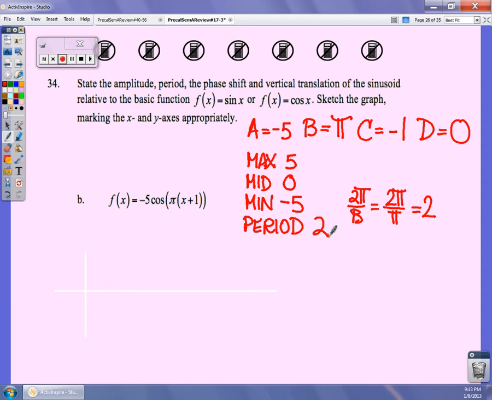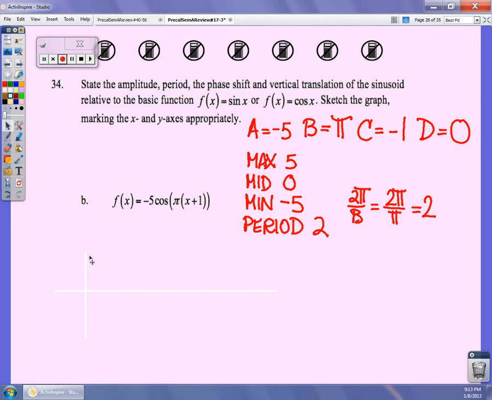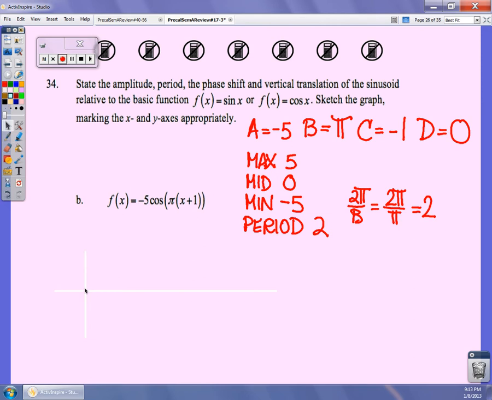Now, this is a cosine function. It's also negative, and we see that it's going to shift back 1. That's our phase shift. So it looks like we might want to move these axes just a little bit.